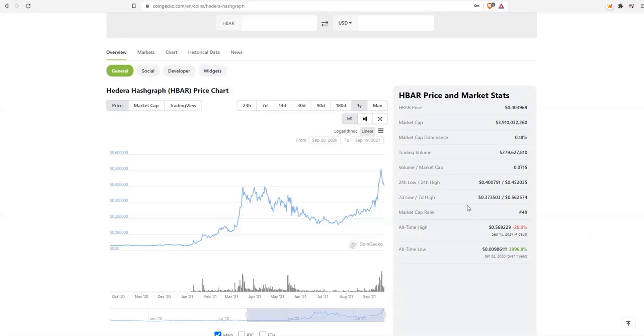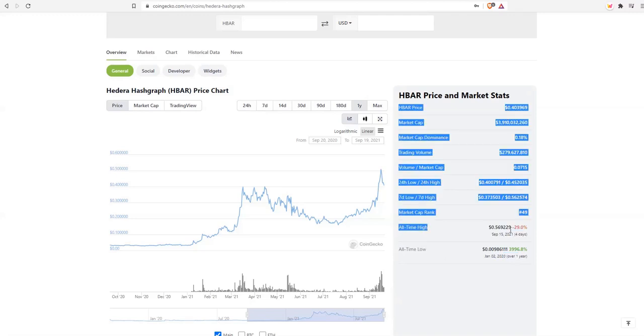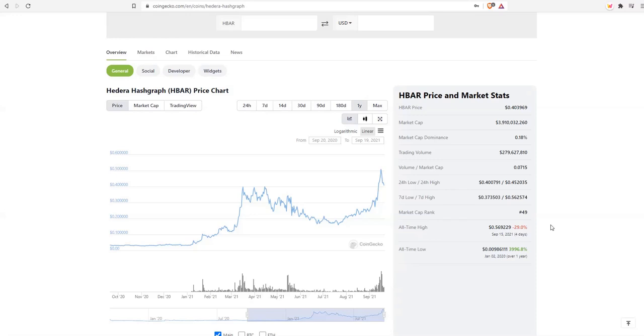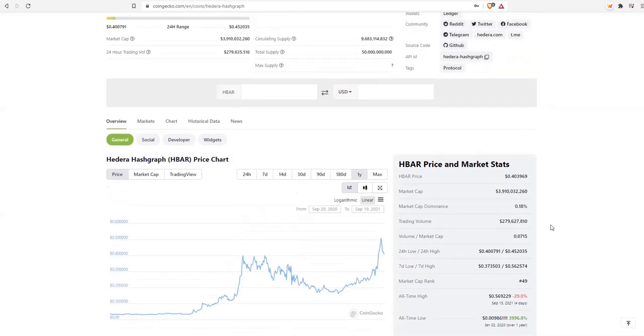If you look at the 1 year time frame in this chart, it was trading at less than a cent just over a year ago. You can see the all-time low here, and the all-time high happened just recently. It hit the all-time high on September 15th, trading around 50 cents that day.